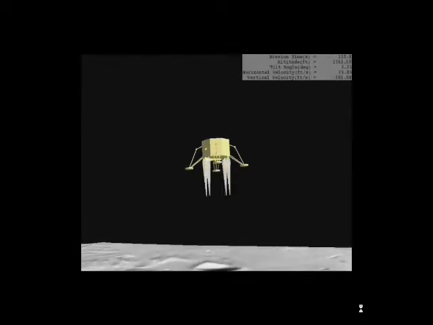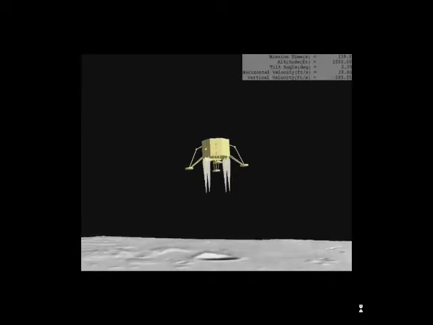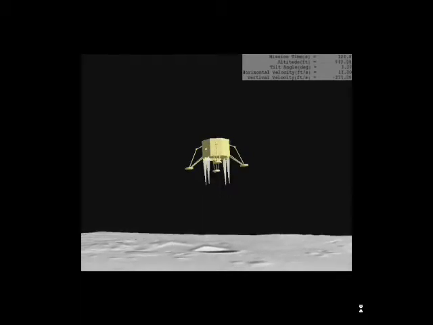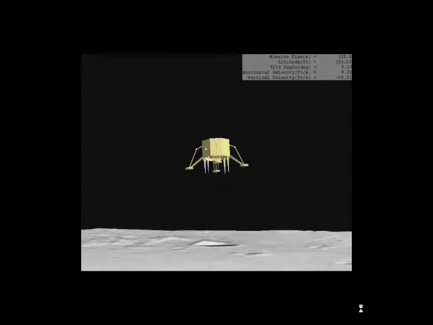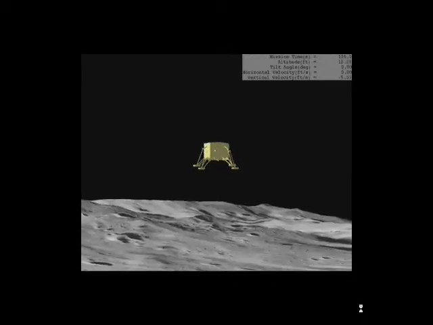As the vehicle approaches 50 feet, a second pulse provides a strong burst of impulse to slow the vehicle and zero out vertical velocity. The vehicle then descends to 10 feet, where it hovers while the remaining propellant gas is exhausted. The lander finally drops to the surface.